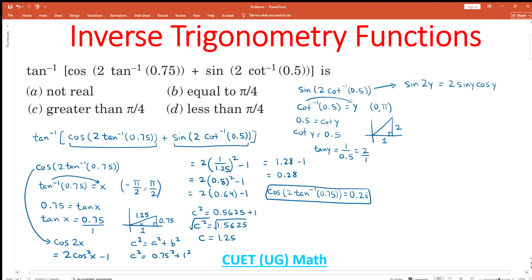We should find the length of the hypotenuse in this triangle using the Pythagorean theorem equation. C is the length of the hypotenuse. We should apply square root to both sides. So C equals square root 5.